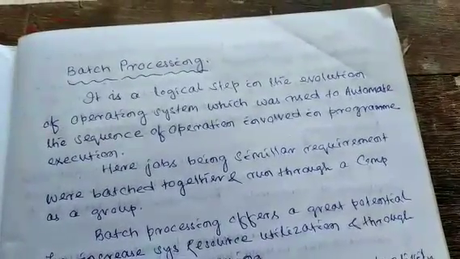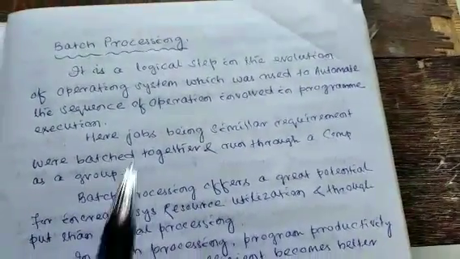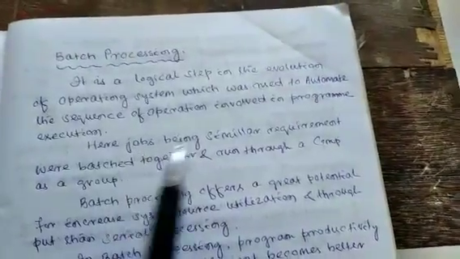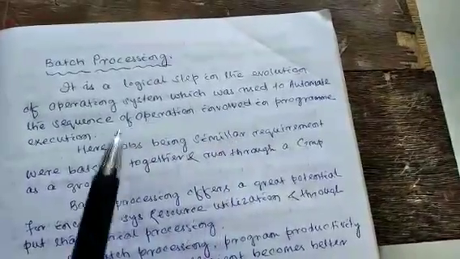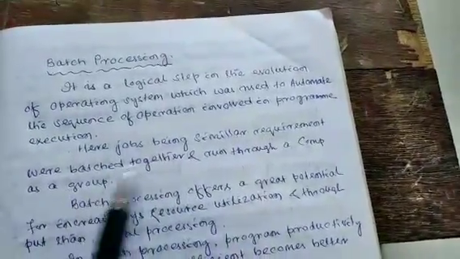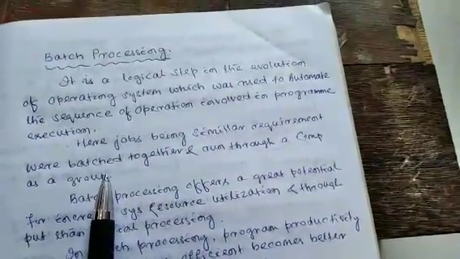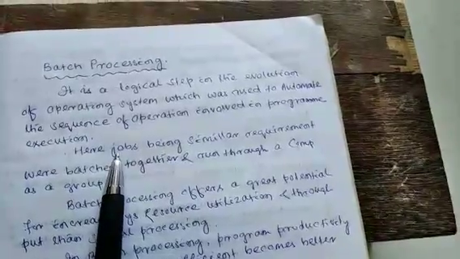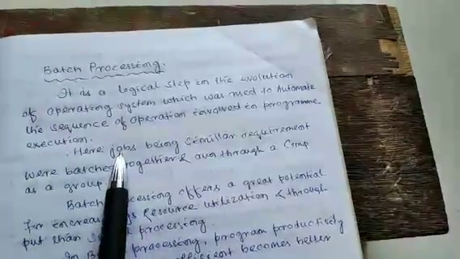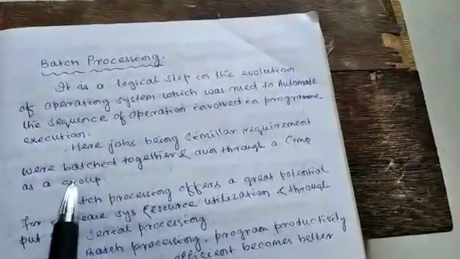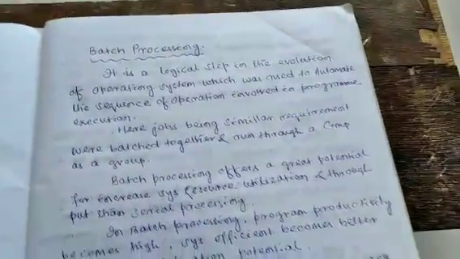Jobs having similar requirements can form a batch, and they are batched together and run through a computer as a group. Jobs with the same requirements can be grouped together. That's the basic concept of a batch processing operating system.